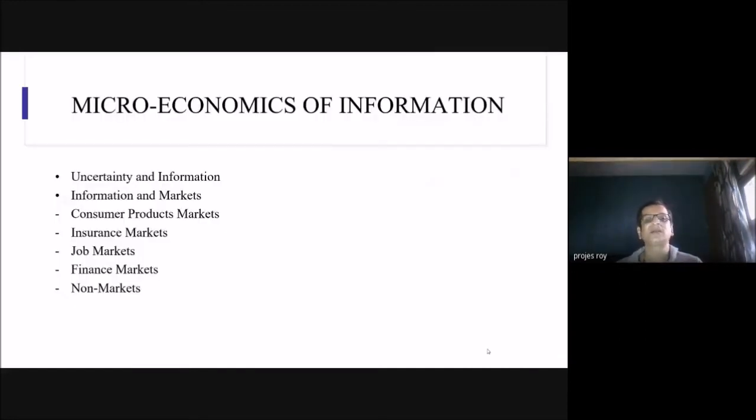Now, in the economics of information, uncertainty and information is a very important aspect. Suppose I am going to start a new project, or I want to sell salt in your neighborhood. I have purchased a bunch of salt packets and I am going to sell them.